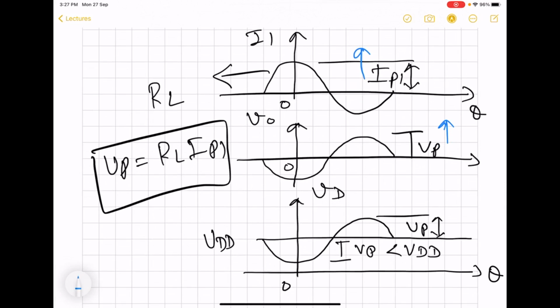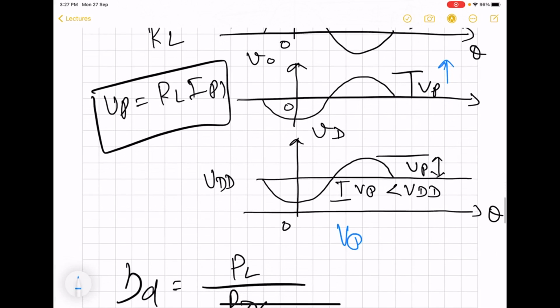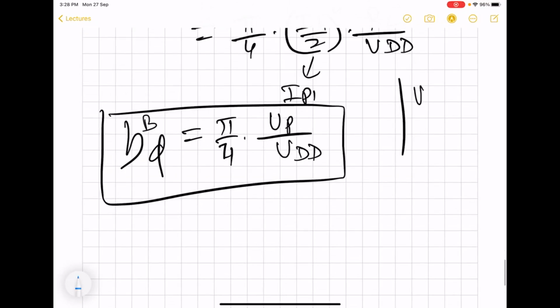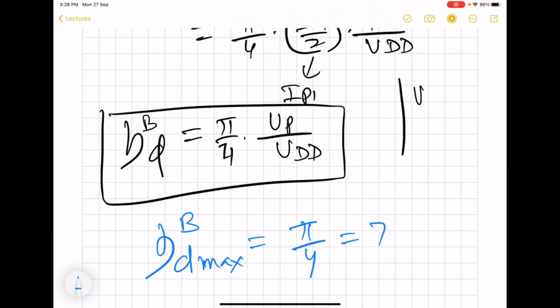So the maximum swing that we can get is equal to VDD. So we increase the VP by increasing the input, and we get the maximum drain efficiency equal to pi by 4, which is approximately 78.5%.